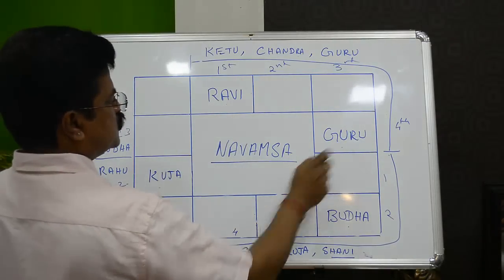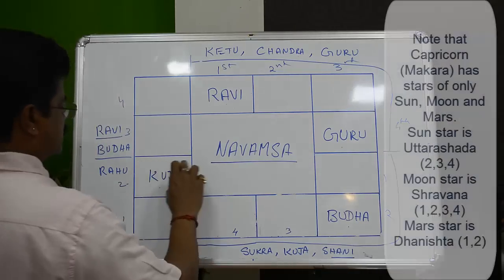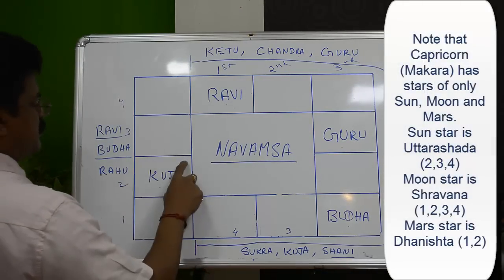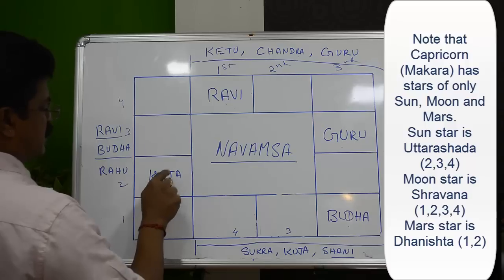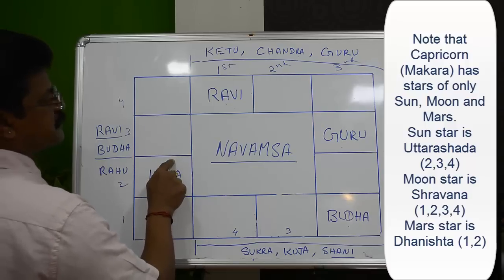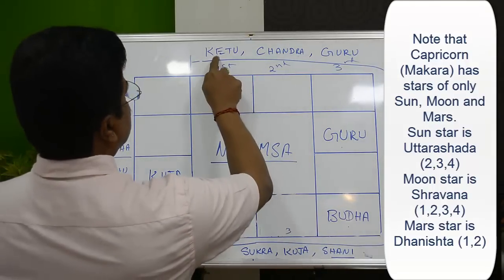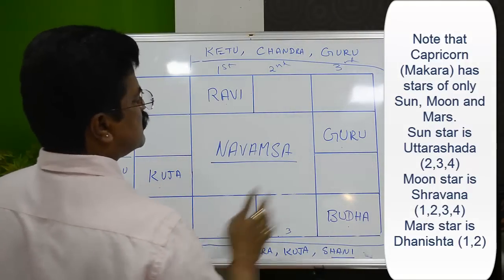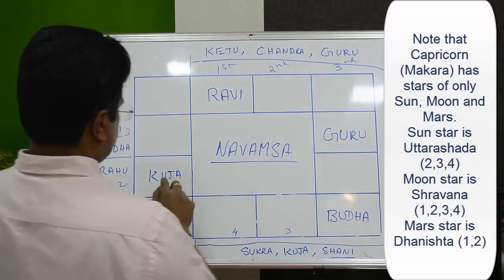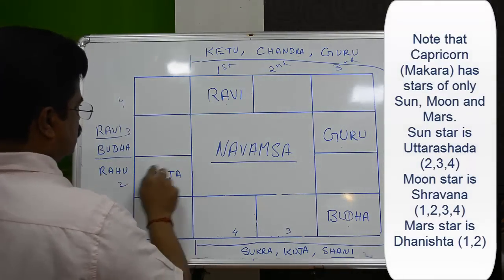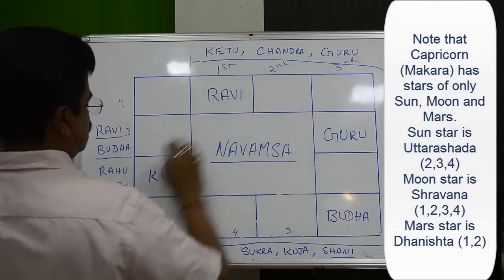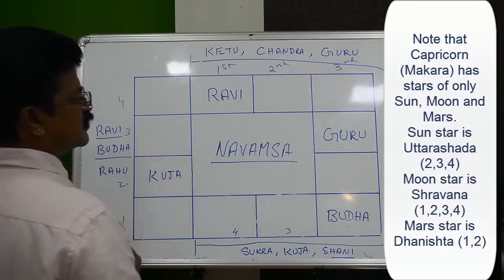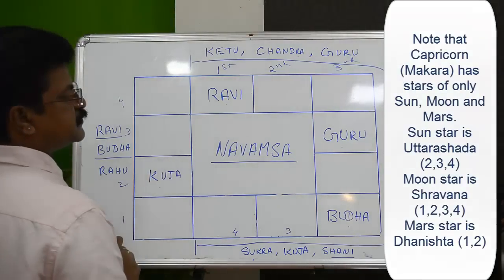Let's go to Jupiter. Jupiter in my Rasi chart is over here. So there are only 3 possibilities. It can only be Sun star or Moon star or Mars star. In this you will see that there are 3 stars possible and only the Moon star is possible, because we have Moon over here in the middle, and Ketu and Guru stars do not occur in this zone, what is called Capricorn.